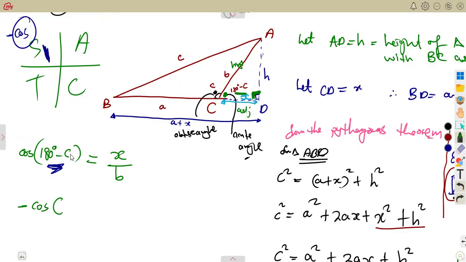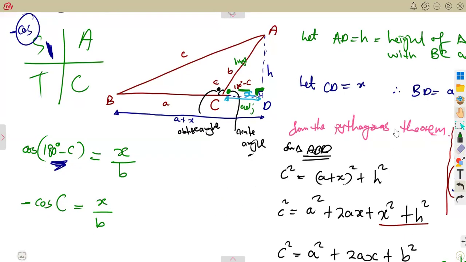In the second quadrant, where we have 180 minus the reference angle, it is the quadrant of sine, not cos. Cos is negative there. So it's minus cos C. It's different from the previous case where we had sine. If it is sine 180 minus C, it is equal to the sine of C. Sine just remains positive, but cos changes to a negative.